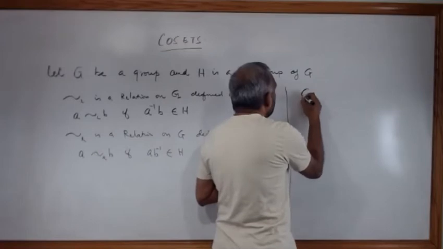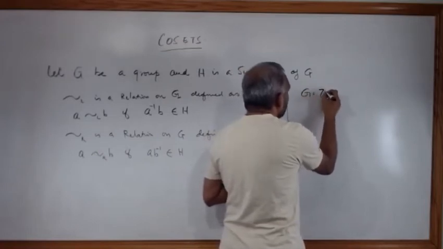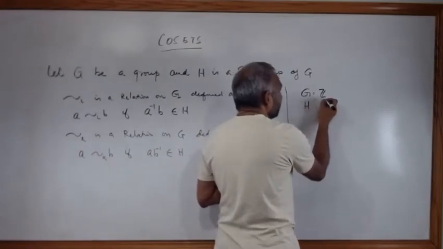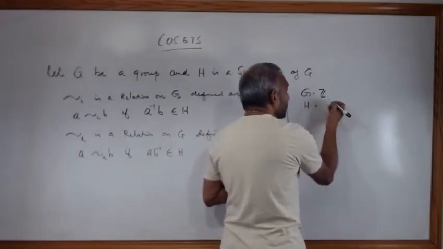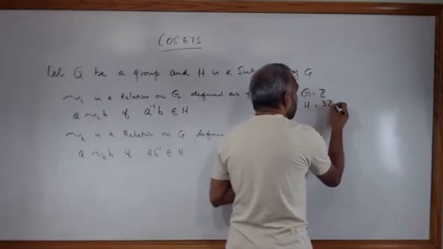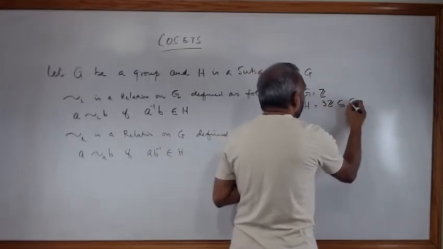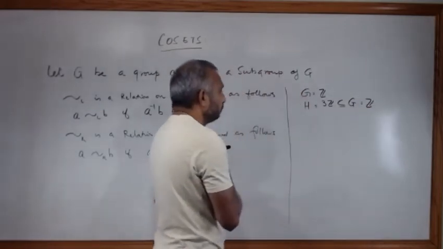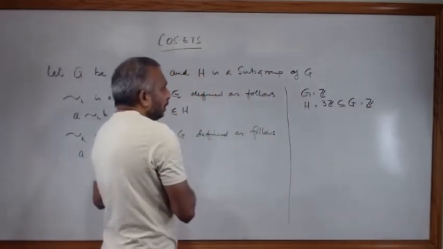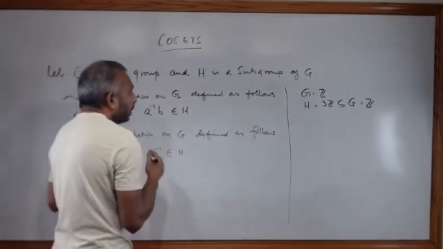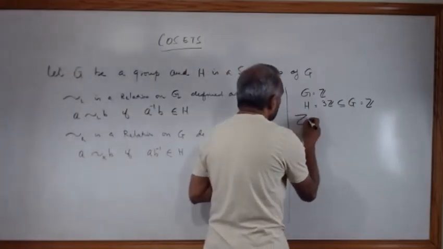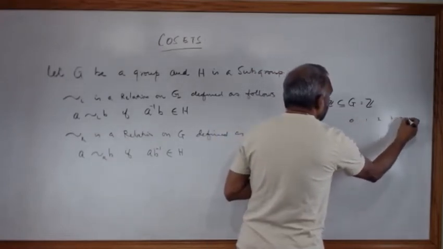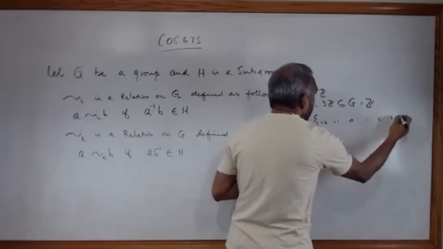Let's just take G equal to Z, and H equal to any subgroup of Z, which is of the form nZ. So let us take 3Z as a subgroup of G, which is equal to Z. So what is Z? Z is equal to 0, 1, 2, 3, ..., minus 1, minus 2.